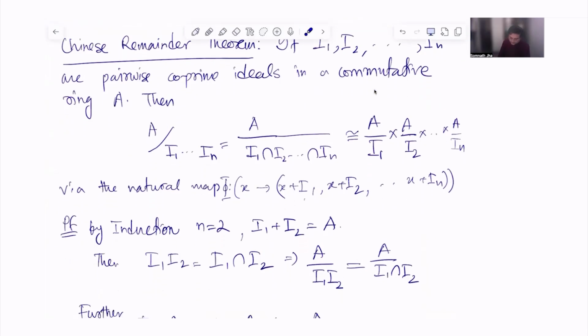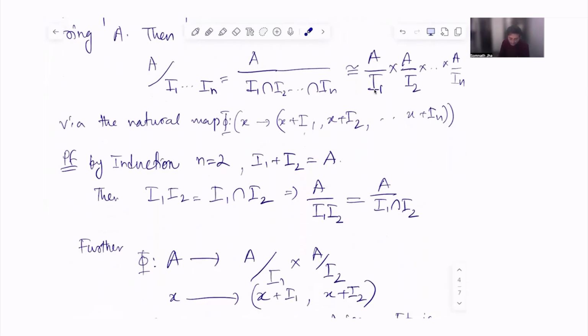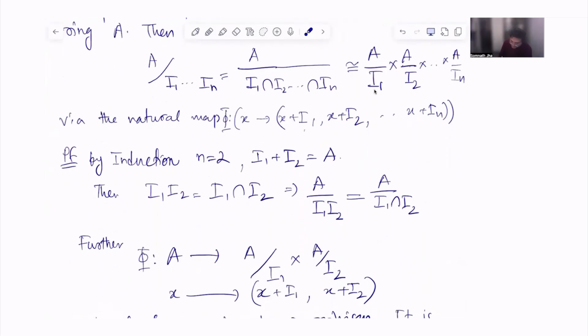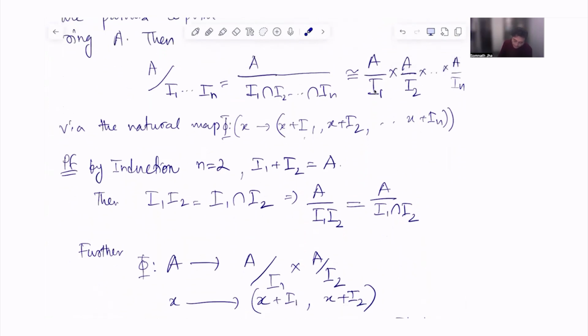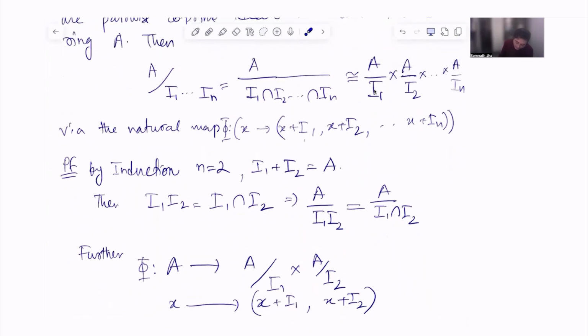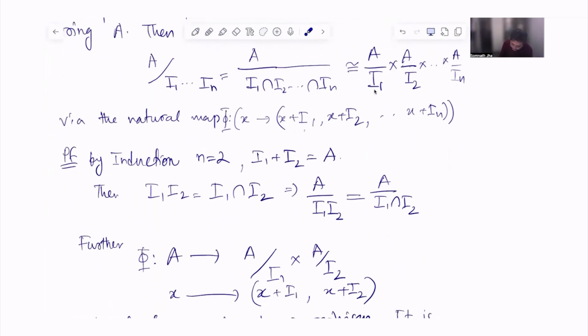This we just saw. Now you define a map phi from A to A mod I1 cross A mod I2, sending x to x plus I1, x plus I2. This is the map we have specified, and we want it to be an isomorphism. So the equality of the first two parts is okay for n equal to 2.